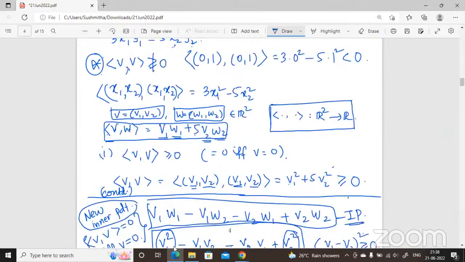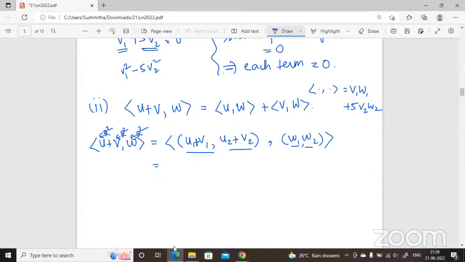So how is the inner product defined? You take the first component of the first vector, multiply with the first component of the second vector. What is the first component of the first vector here? U1 plus V1, first component alone.